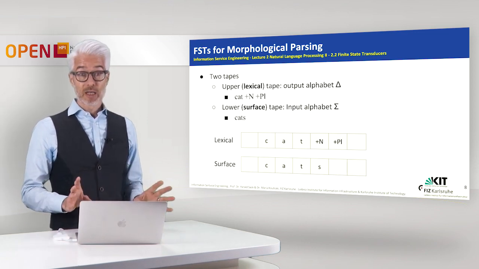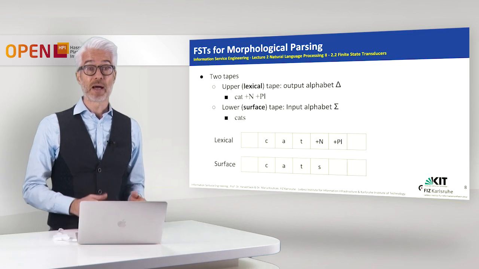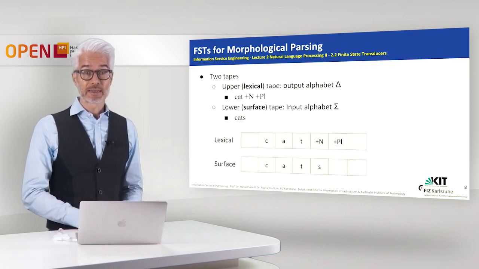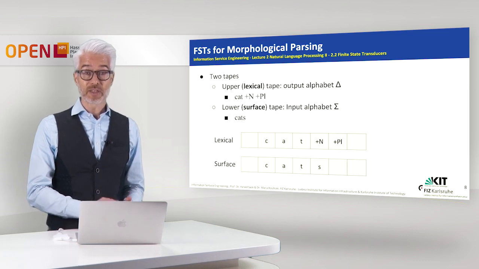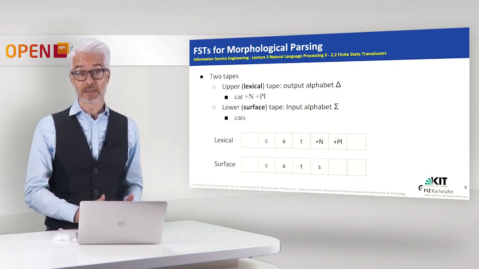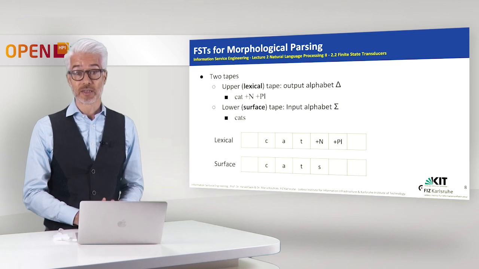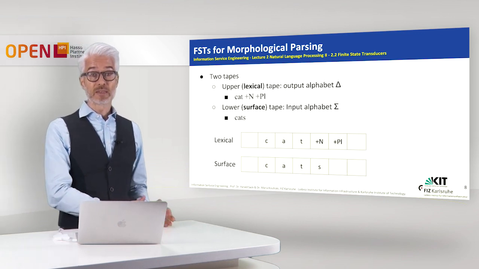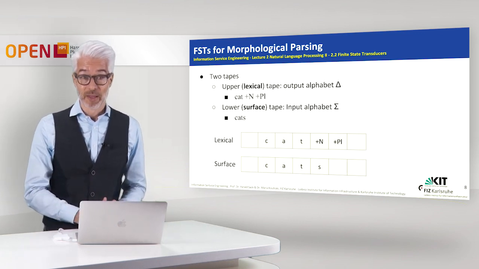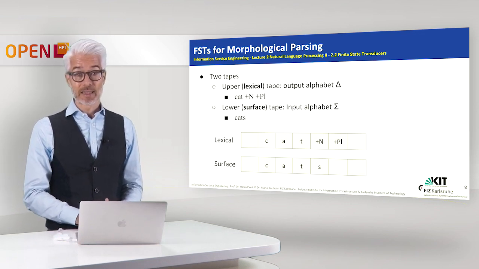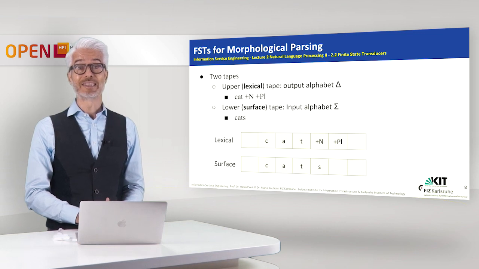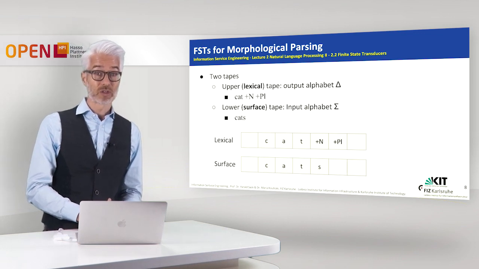As we already said, we have two tapes. So we have the upper tape, which is the lexical tape, and we have the lower tape, which is the surface tape. The surface tape is the input tape, so it contains the input alphabet and it reads letters. And there, for example, we can read the surface form cats. The upper tape is the so-called lexical tape, and there in the lexical tape, our output should be the stem of the word we have read, which is cat.